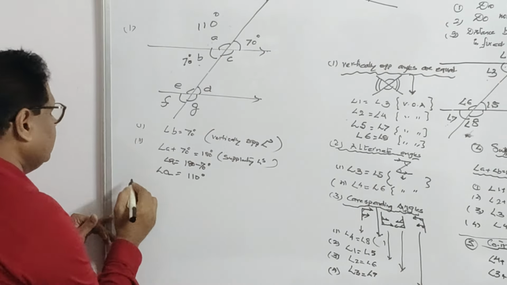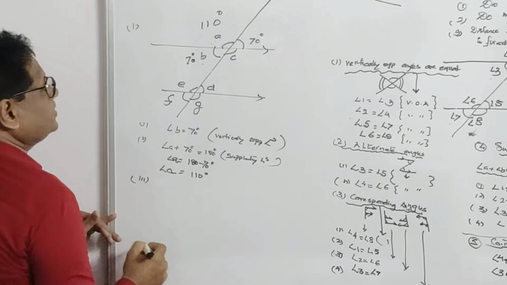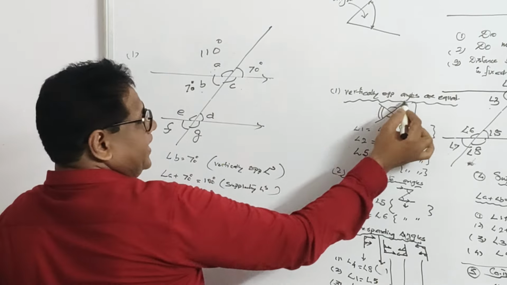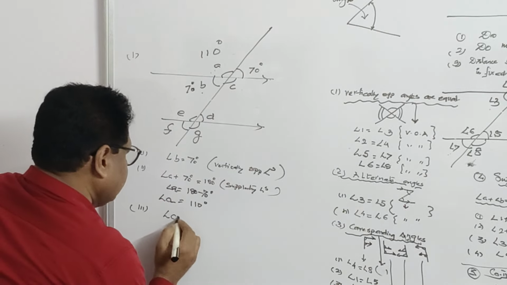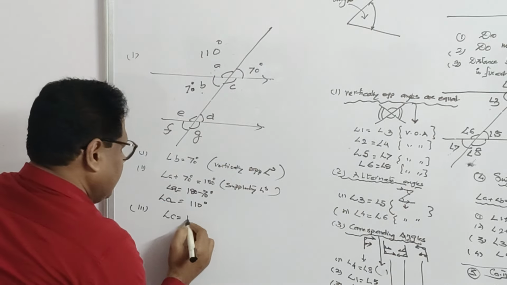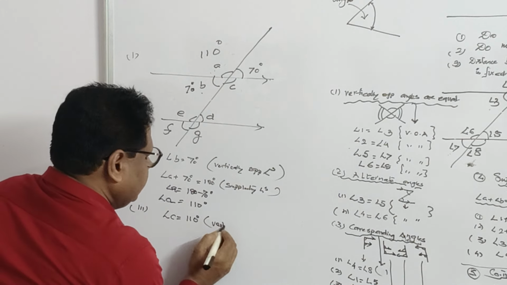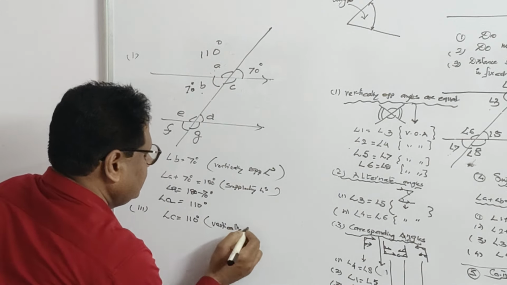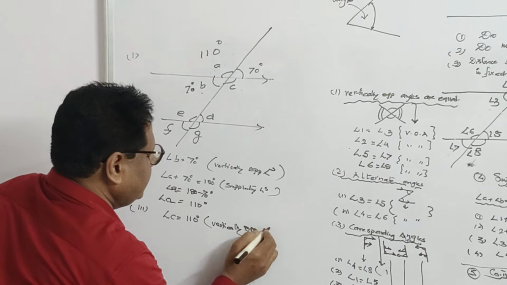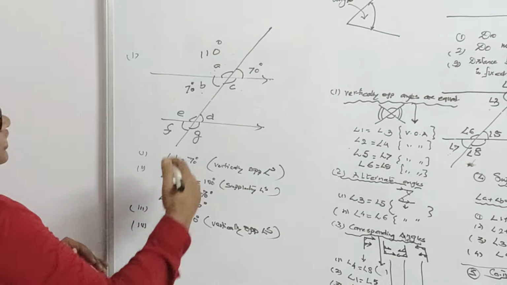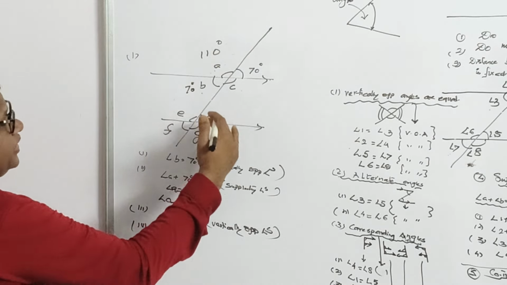Now the third statement: because A and C are vertically opposite angles as per the letter X, we can write angle C equals 110 degrees. Reason, vertically opposite angles. Now let's come to the bottom portion, the lower part.